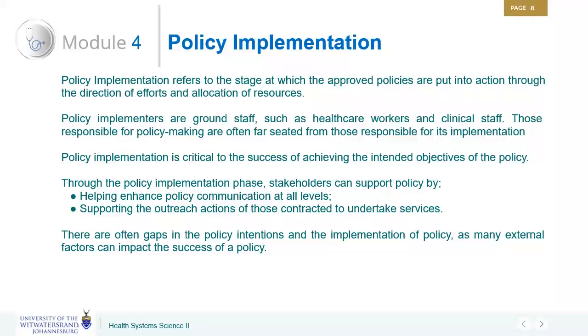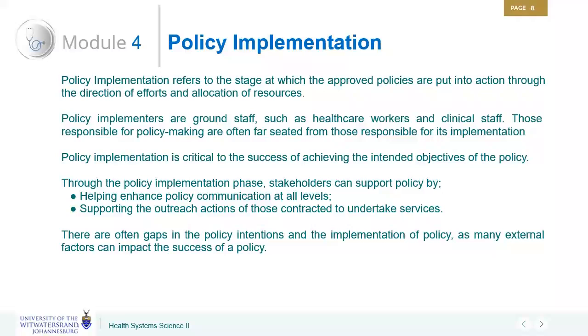We see in South Africa that we're very good at coming up with well-crafted or formulated plans, but the disconnect is in its implementation because there are many other factors on the ground that inhibit or prevent that policy from reaching its ultimate goals. We need to be engaging with people throughout this process, and here stakeholders play an important role.